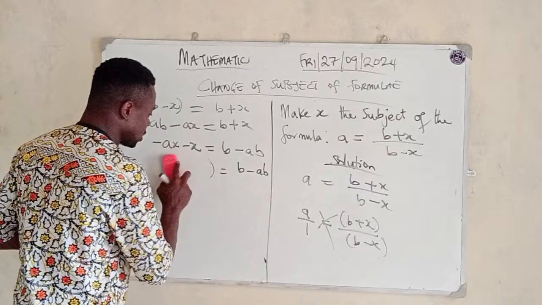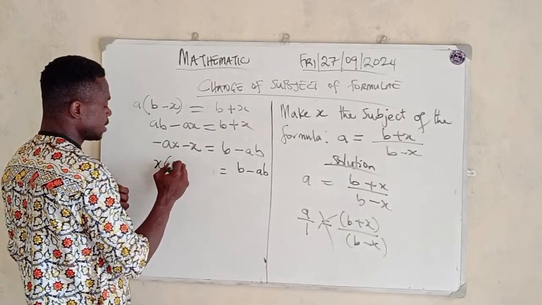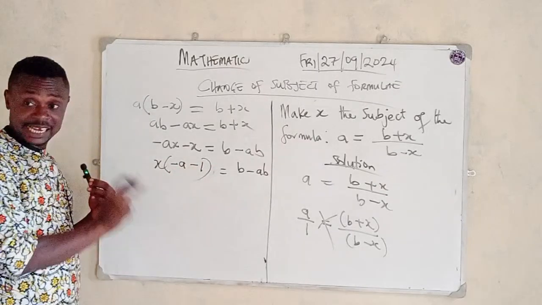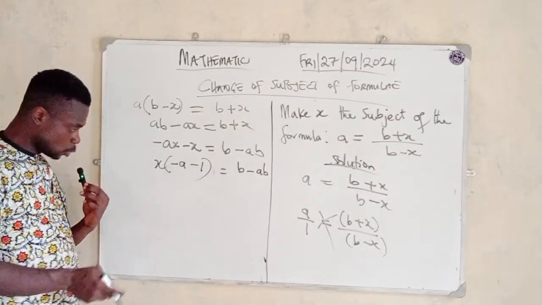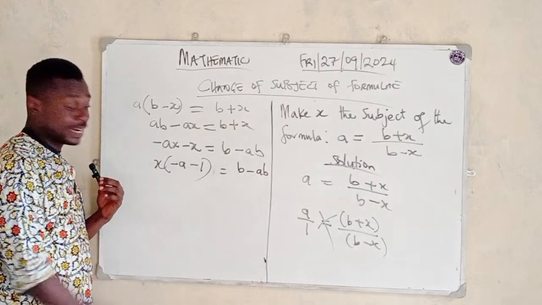Let's bring out our minus X, okay? Here is X minus A minus. This one is clear, right? Good. So for us to get X, we divide both sides by this, two of us.